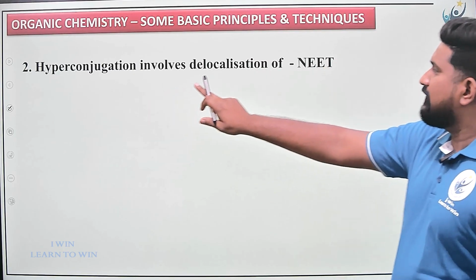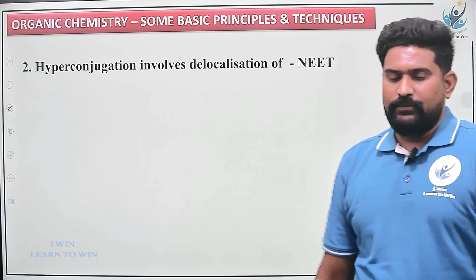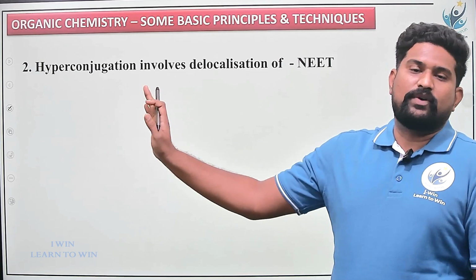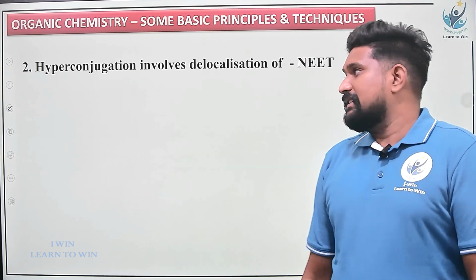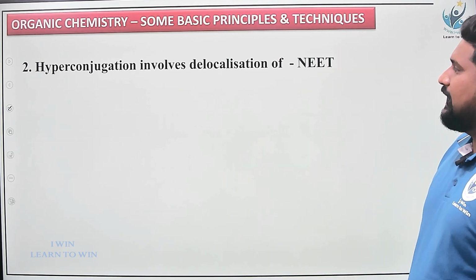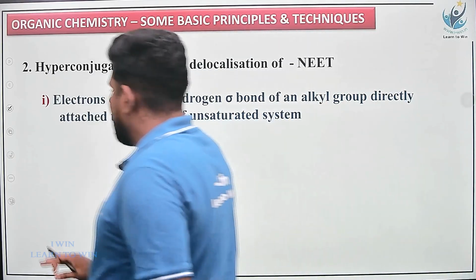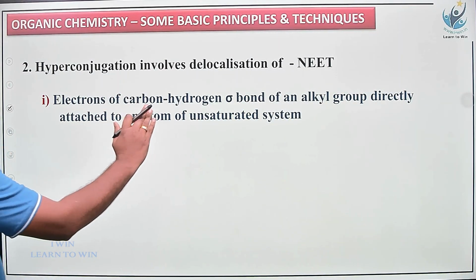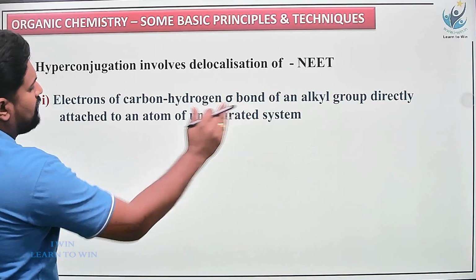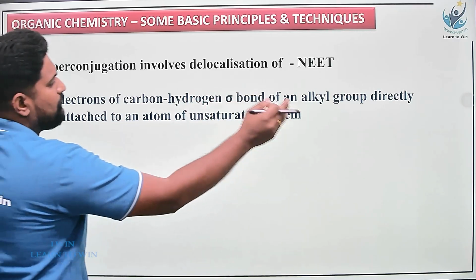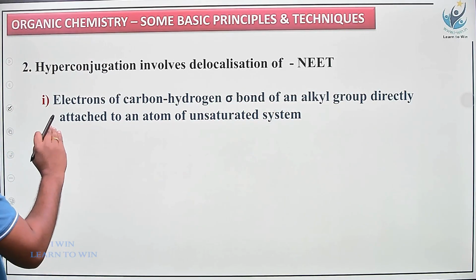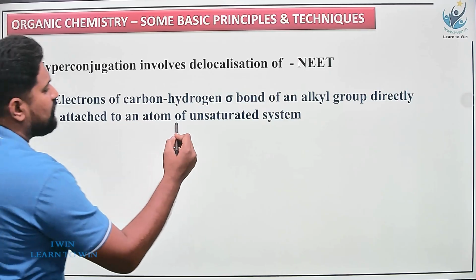Hyperconjugation involves delocalization of. Now let us see. The first option: electrons of carbon hydrogen sigma bond of an alkyl group directly attached to an atom of unsaturated system.